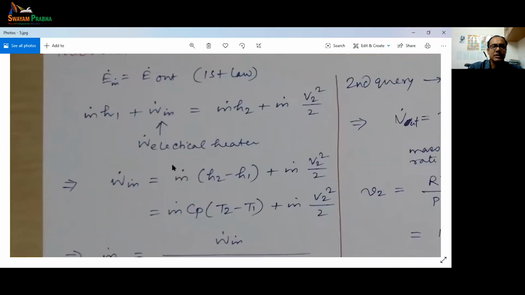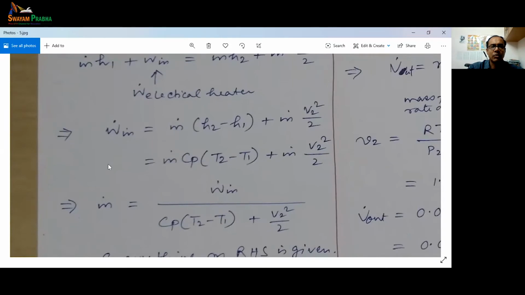If you solve this, the electrical work input is m dot into (h2 minus h1), the change in enthalpy of the airstream, plus the kinetic energy part of the outgoing airstream.